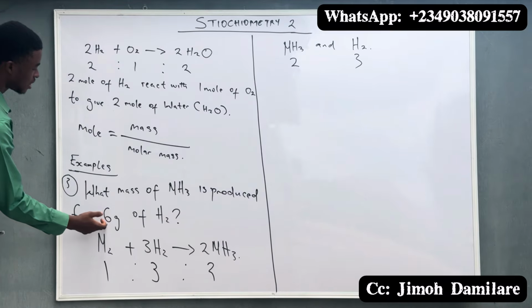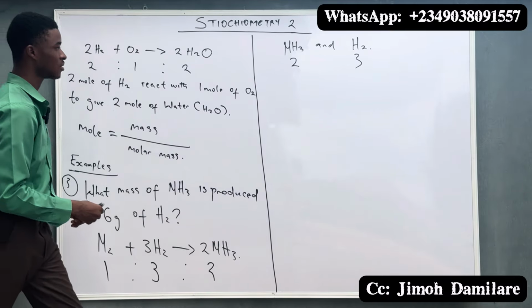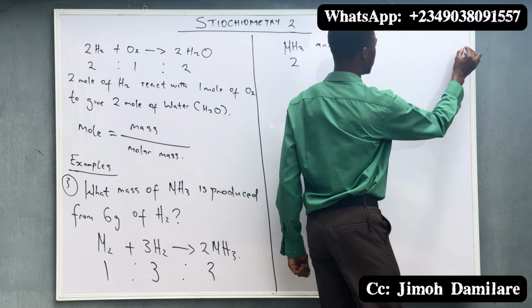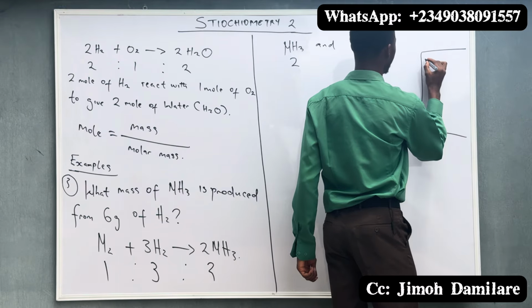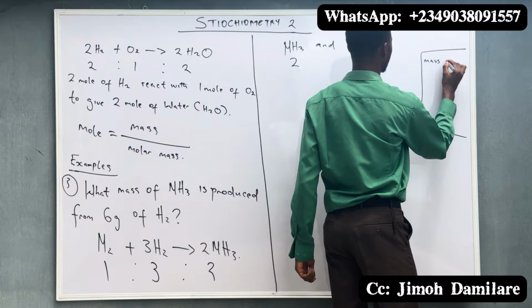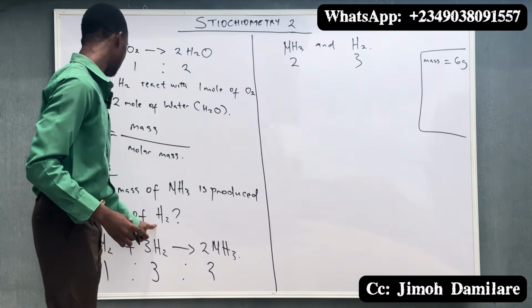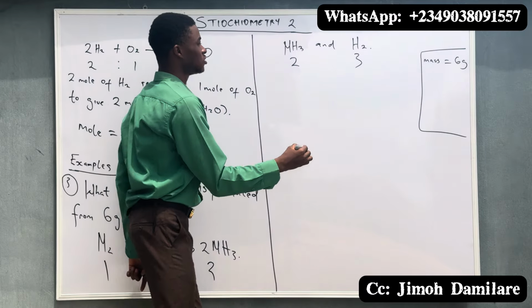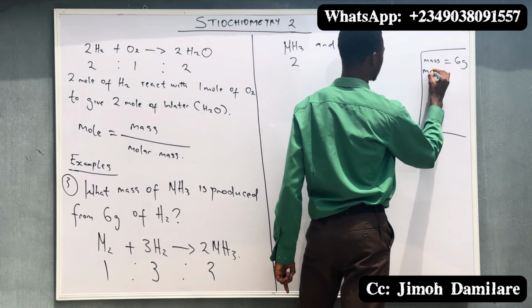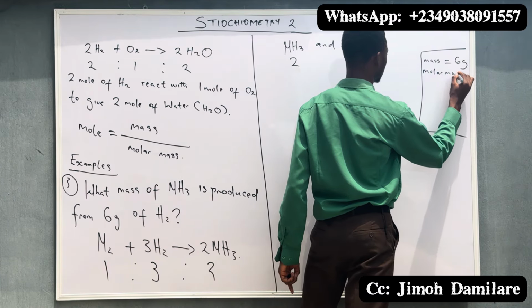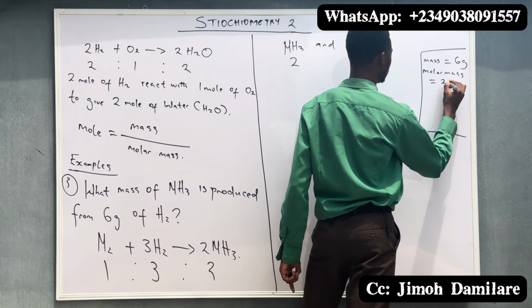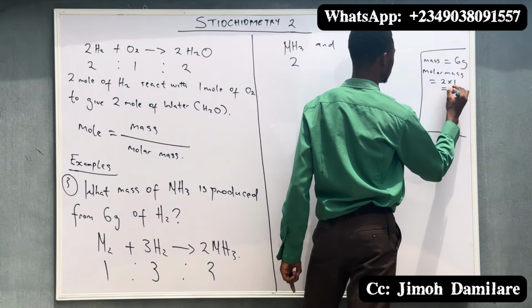We have to know the mole of hydrogen by using this formula. We know that the mass of hydrogen is 6 grams. So let's do that in a rough place here. The mass of hydrogen is equal to 6 grams. And the molar mass of hydrogen, which is H2, is equal to 2 multiplied by 1, which is equal to 2.